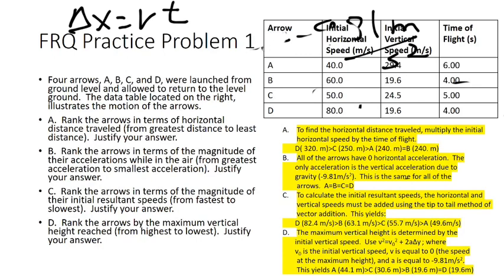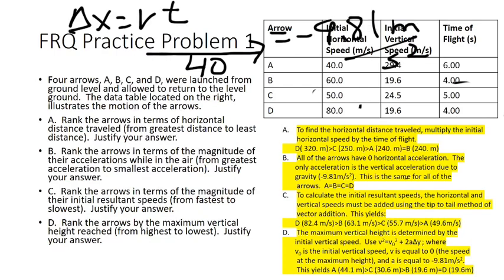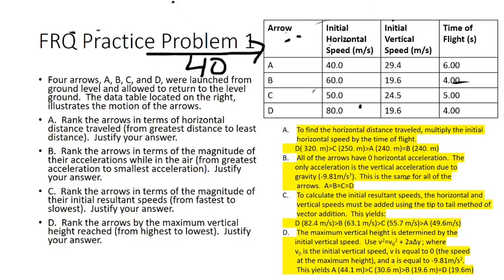All right, to get the resultant speed, we need to add together the components. So for example, for A, we would take the horizontal speed of 40. We would use the tip-to-tail method of vector addition, and we would now add that to 29.4, which is the vertical component of the speed.